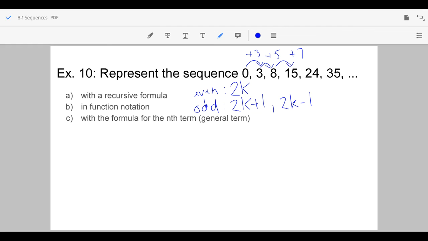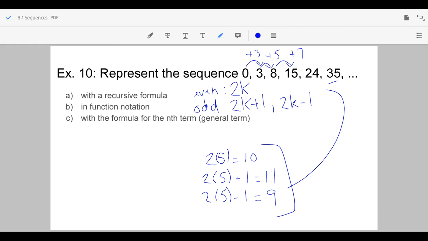So for example, if you want an even number, let's say k is 5, 2 times 5 is 10. It's an even number. If you're looking for an odd number, 2 times 5 plus 1 would be 11, or 2 times 5 minus 1 would be 9. Both of those are odd numbers.